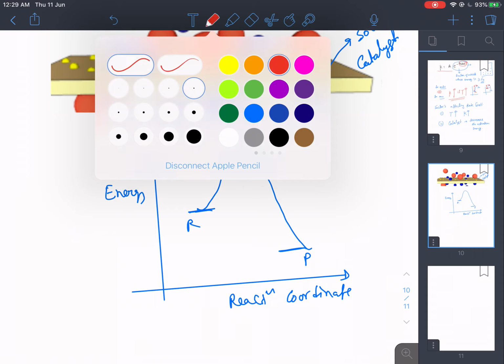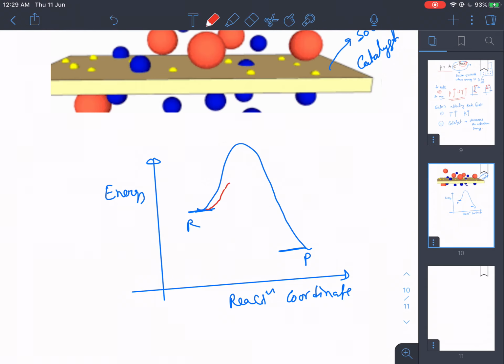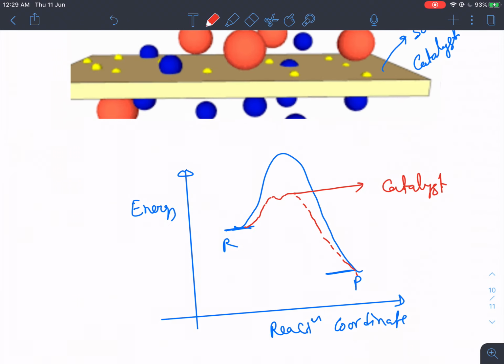Then in the presence of catalyst, definitely this pathway will change and it might go with a lower pathway, guys. So what does catalyst do basically? Catalyst is reducing the activation energy, you can see. Now this much value has changed. Earlier it required this much energy, EA. Now it requires only this much energy, from here to the topmost value, that is EA dash.